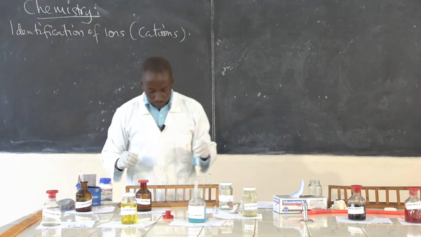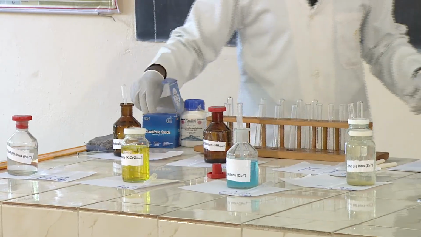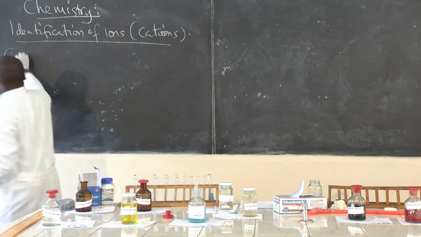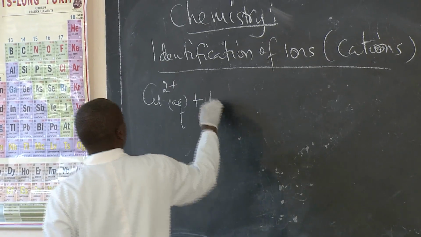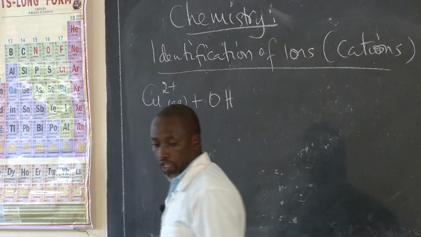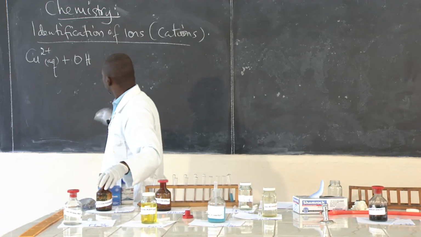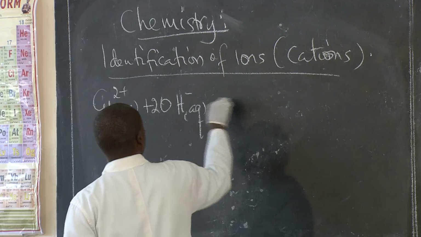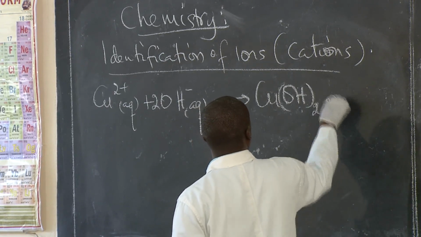And this is what happens if we look at the copper 2 ions. So we started with the copper 2 ions, and these copper 2 ions are reacting with the hydroxide ions from sodium hydroxide. And this gives the copper 2 hydroxide.